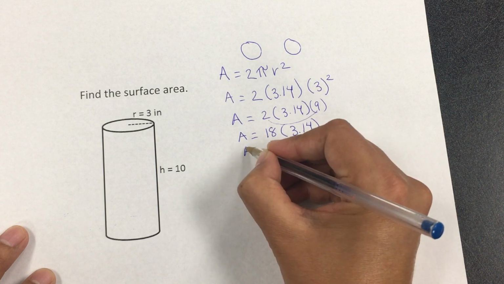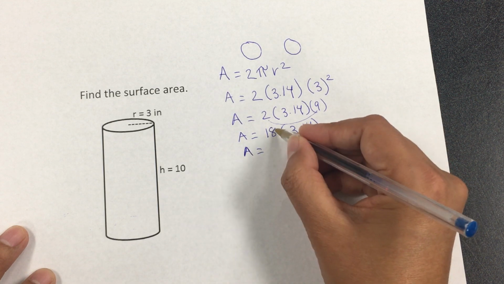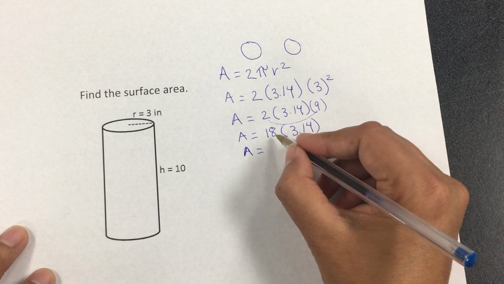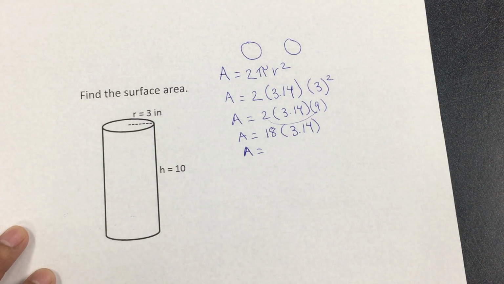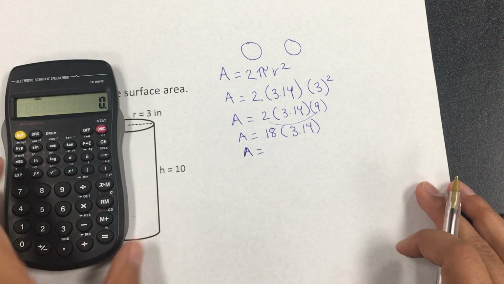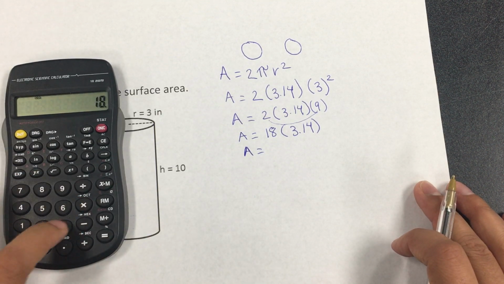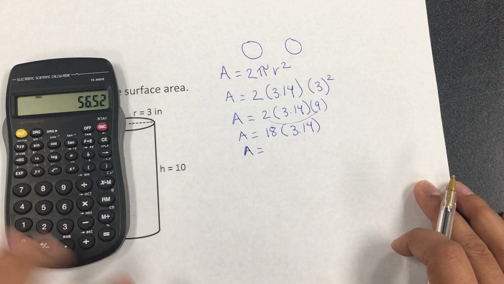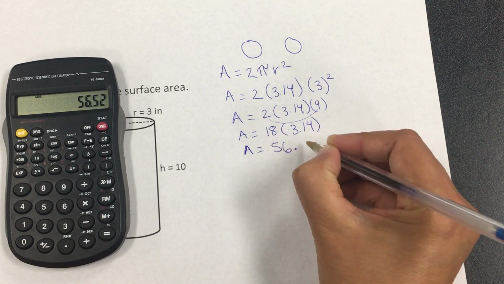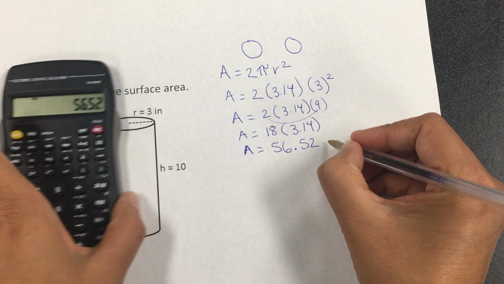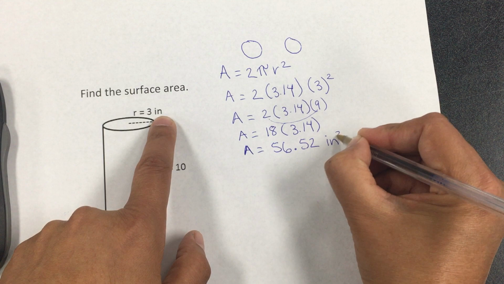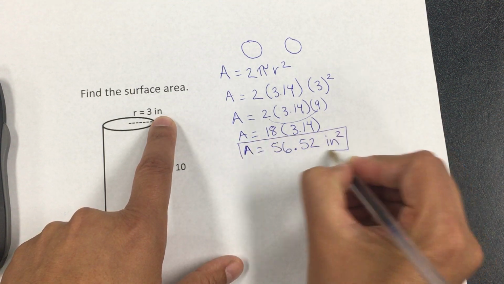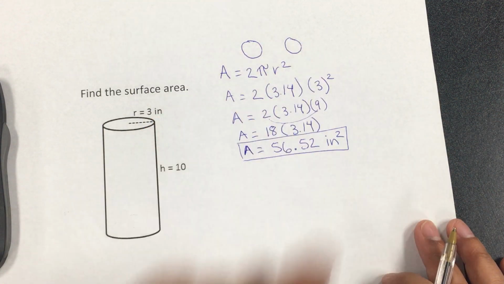At this point, I recommend that you use your calculator if you're allowed to, but if not, just multiply 18 times 314 and move the decimal 2 places. So the area for the two bases, 18 times 3.14, is 56.52. The unit of measurement, since this is area, is square inches. So that's just for the two circles.